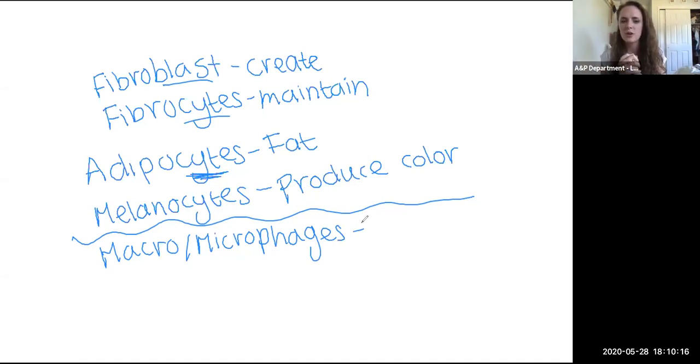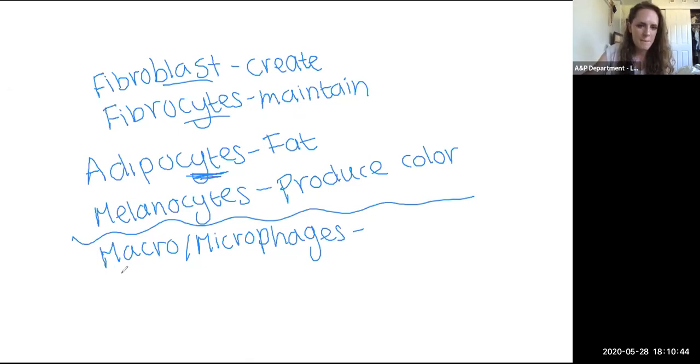Okay, so you get either bacteria or viruses or funguses. These microphages or macrophages just eat or destroy that invading bacteria, virus, or fungus. Macro means big, micro means small. So macrophages eat the big stuff, microphages eat the small stuff. Okay, so these are our first players in our immune function.